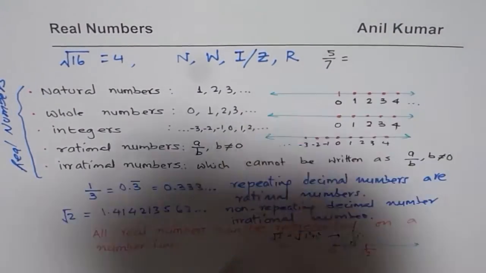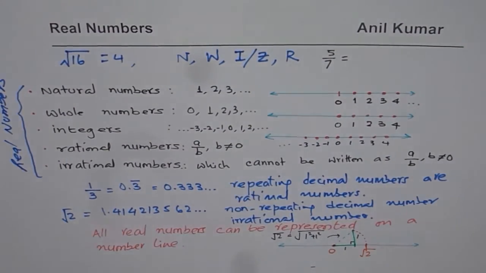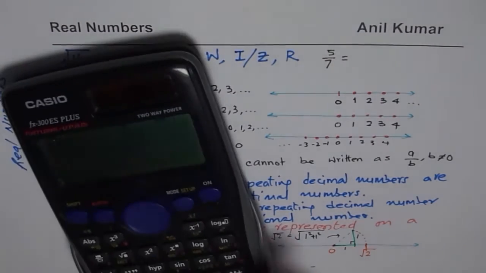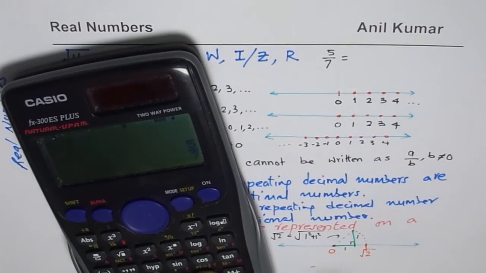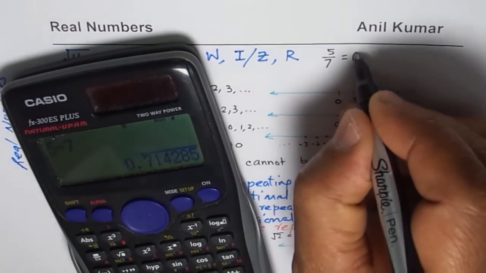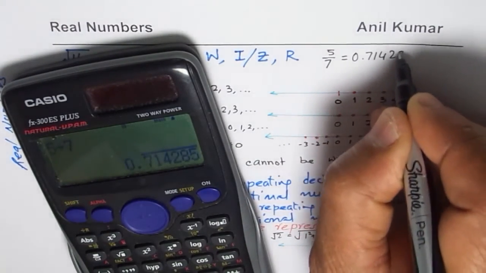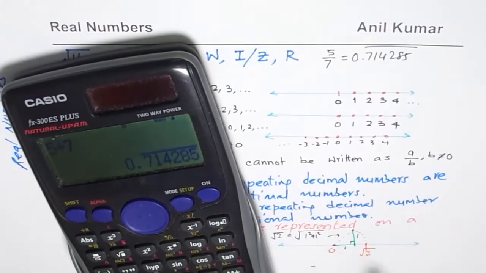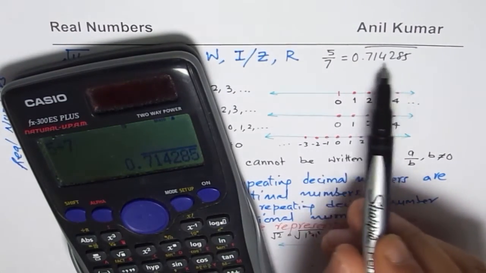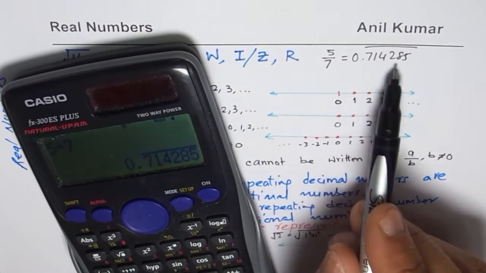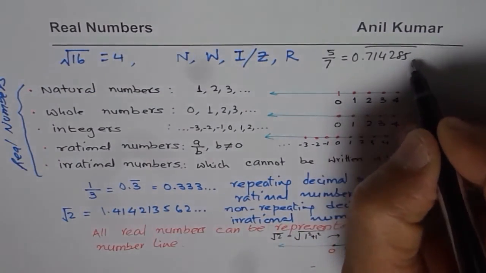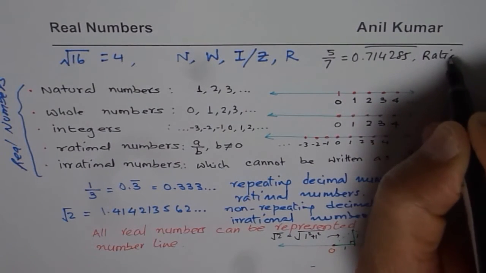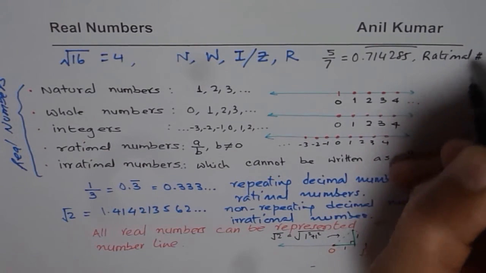Now what is 5 over 7? Let me divide 5 by 7 and see what we get. In decimals we get 0.714285, and that thing repeats. Since this is a repeating set of decimal numbers, this will be called a rational number, okay?